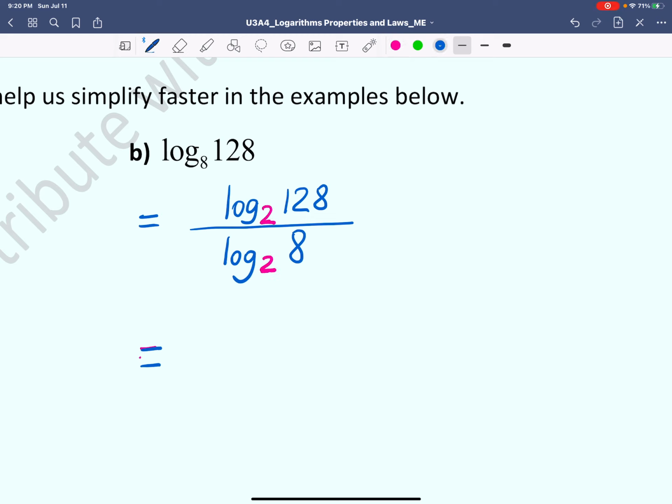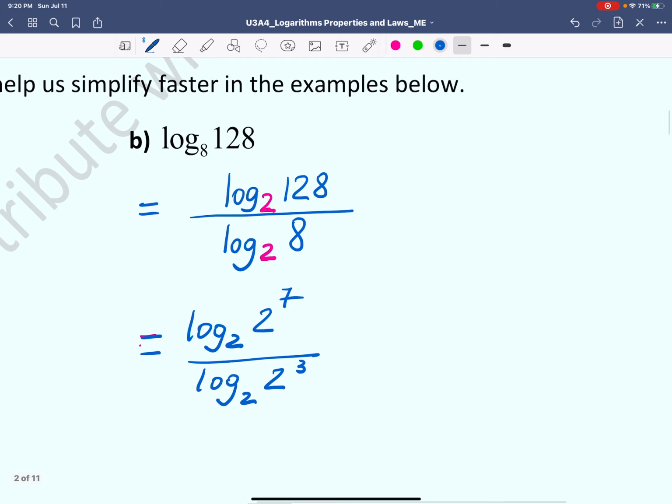Then we have log with base 2 of, for number 8, I'll do this first because that's the easy one, 2 to the power of 3. Now, I know that 2 to the power of 4 is 16, 32, 64, 2 to the power 6, and 128 is double of that. So I would say that 2 to the power 7 will give 128.